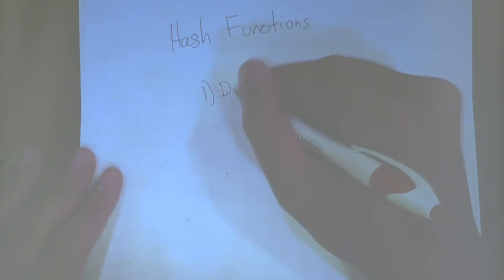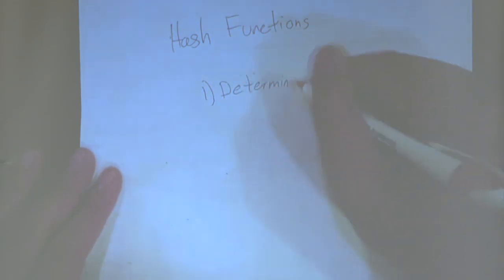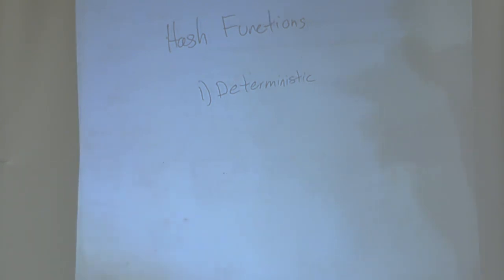Deterministic means that we have a one-to-one representation of our input to the output.